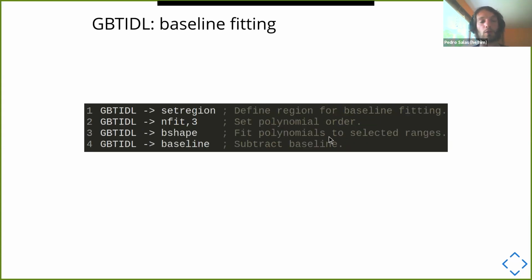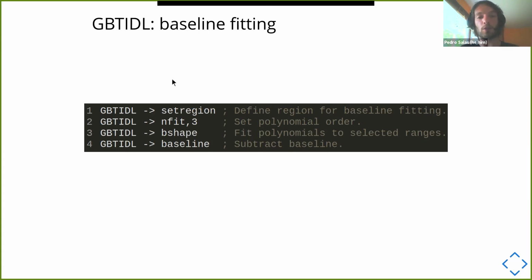You can also do some data processing in GBTIDL. For example, we can do some baseline fitting using this set of commands here. One thing that I forgot to mention, but will show in a moment, is that to fully use GBTIDL, it's highly recommended to have a display available.